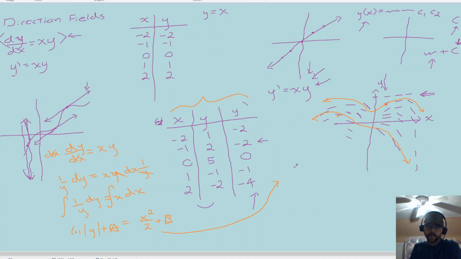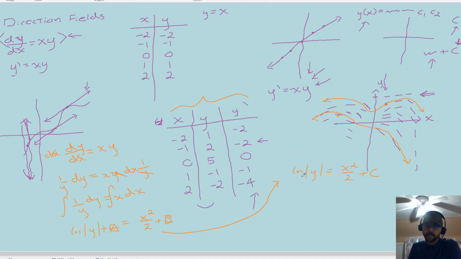So right now we have natural log of the absolute value of y equals x squared over 2 plus c, because I combined the a and the b into a c, or technically I combined the b and the negative a, because it would be negative moving it to this side.